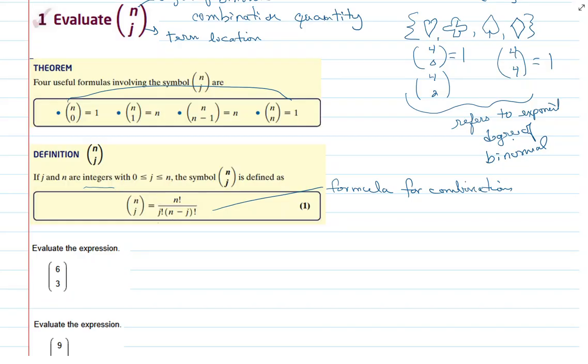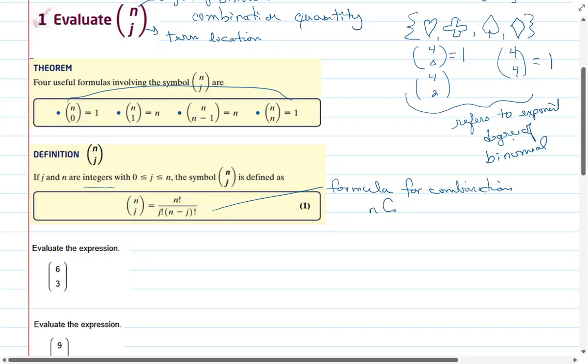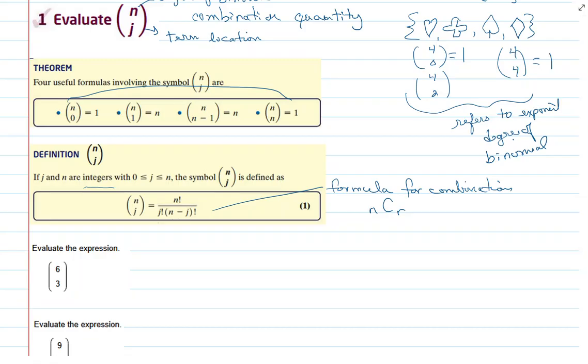And we know it as nCr. How many combinations of size r? And size is the location of the term of the binomial that you're looking for.